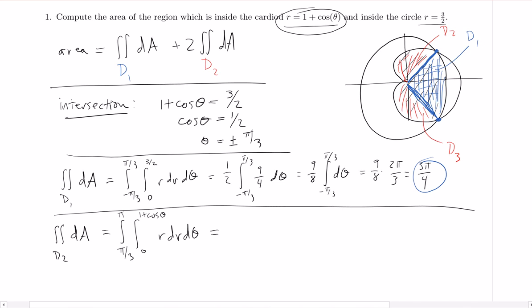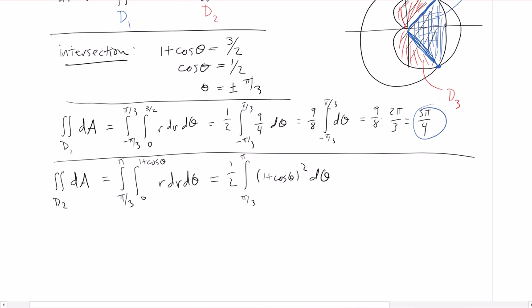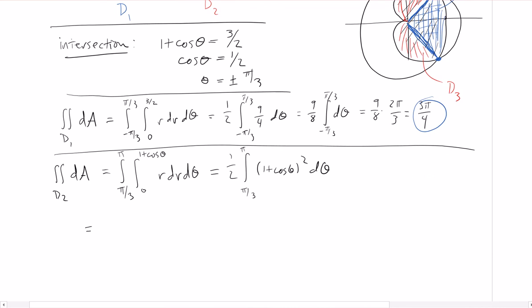We first integrate r. We get 1/2 r squared. So we get 1/2 times (1 plus cosine theta) squared. And let's actually square it out. So we get 1 plus 2 cosine theta plus cosine squared theta.